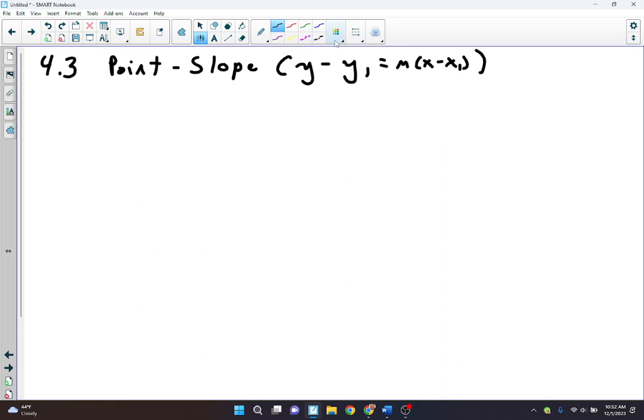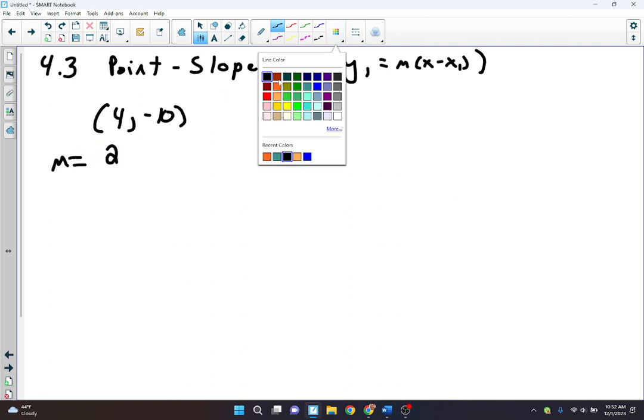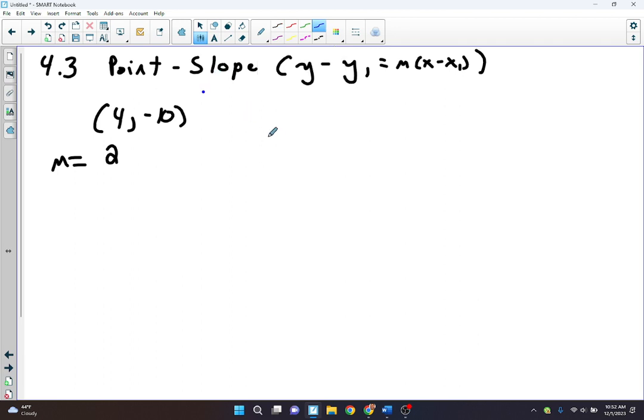So if I gave you just the point and the slope, so say the point was like 4 comma negative 10, and the slope was like 2. That one's really easy because all you have to do is plug it in to solve. So y, remember, it's going to be minus negative 10.